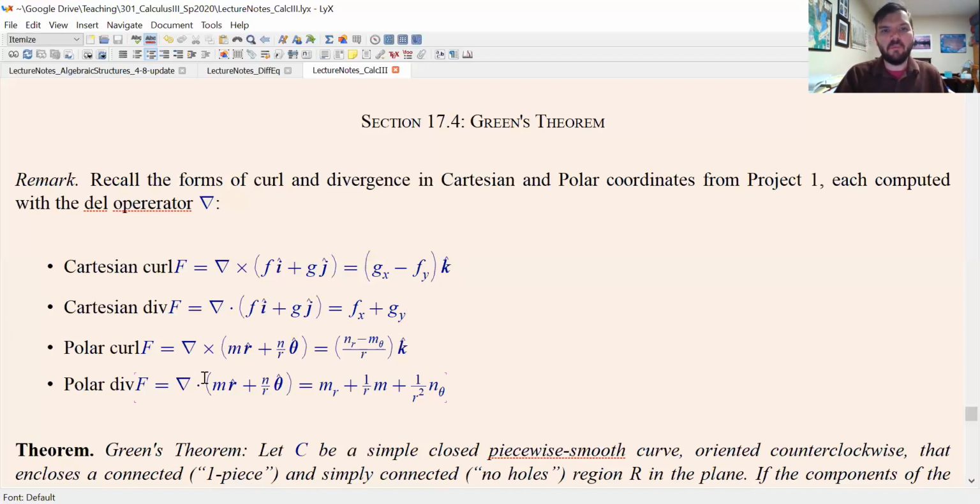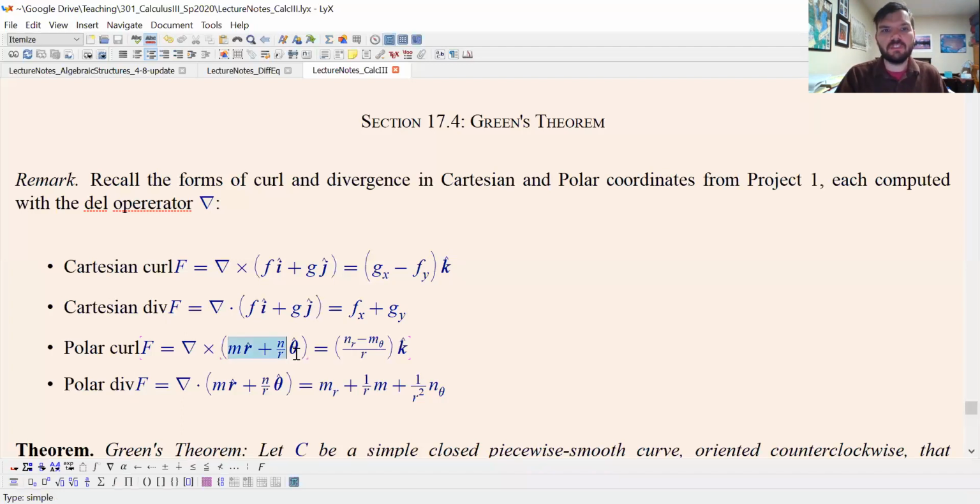In polar, we represent our fields in terms of some amount going in the radial direction, either out or in, and then some amount going around, counterclockwise positive or clockwise negative. And we saw with the gradient form, we had this theta partial over r, and so we group a term n that is over r to quantify some important piece.